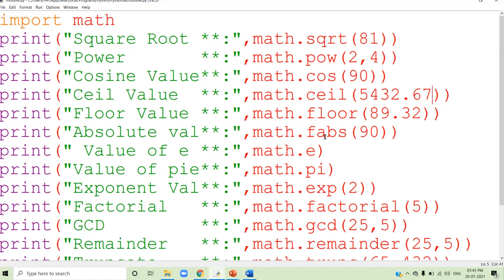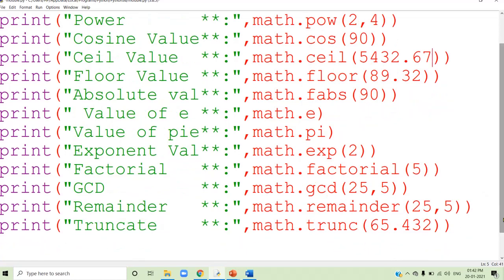FABS will give you the number without the sign, and e and pi are the constants, and here exp will give you e raised to that value. Factorial will give you the factorial. GCD will calculate the greatest common divisor. Remainder will calculate the remainder after dividing the first number by the second number.